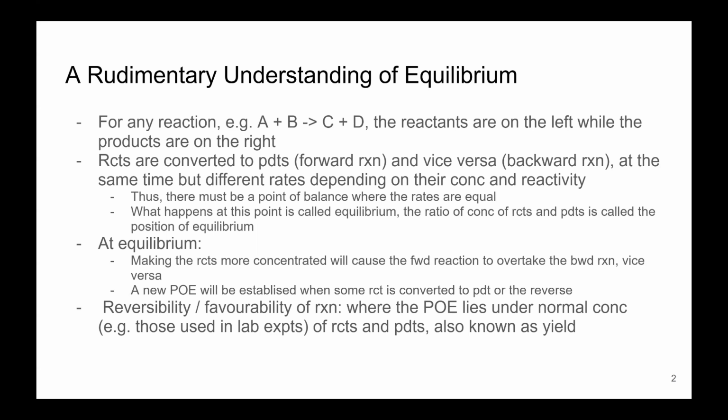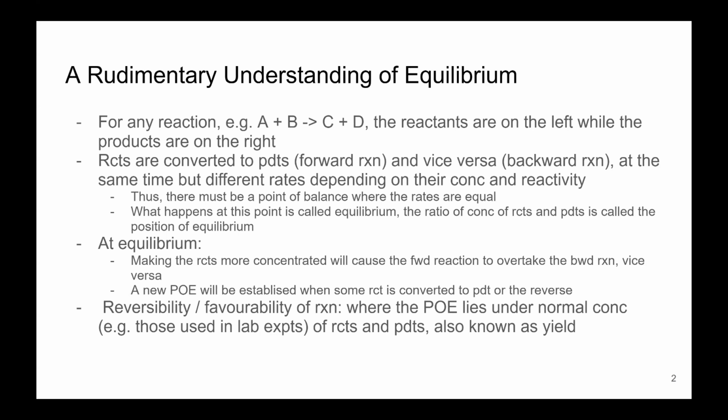However, when we add, let's say, nitrogen and hydrogen under room temperature and pressure, they don't react that extensively to form ammonia, and that's what we mean by a less favorable reaction under normal conditions. Of course, you might know that when we add a lot of pressure to the nitrogen and hydrogen, the ammonia will be formed more favorably, and the yield will be higher.